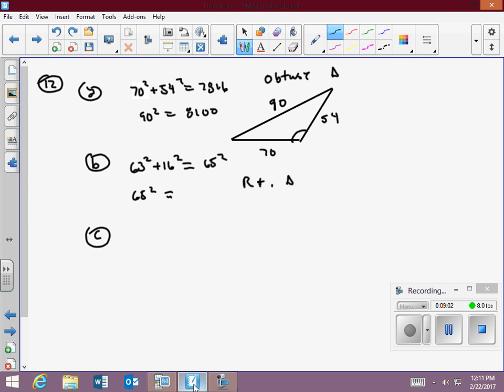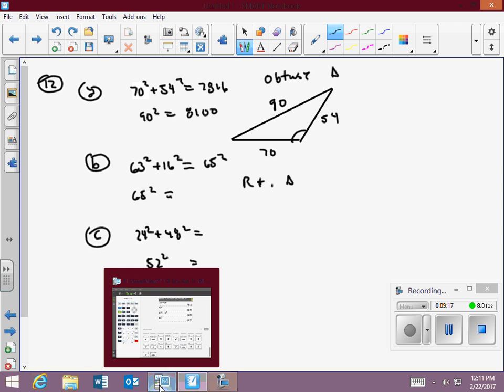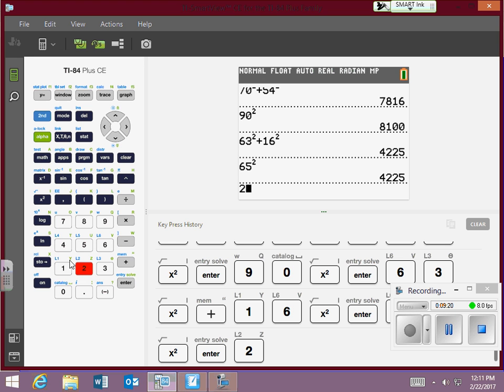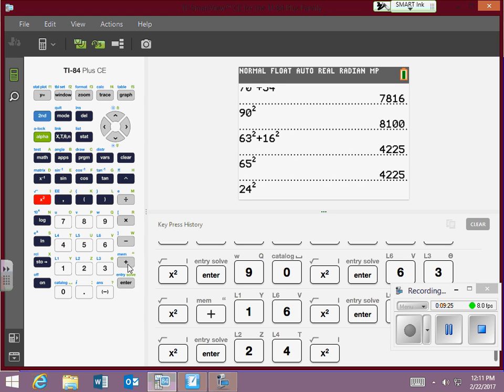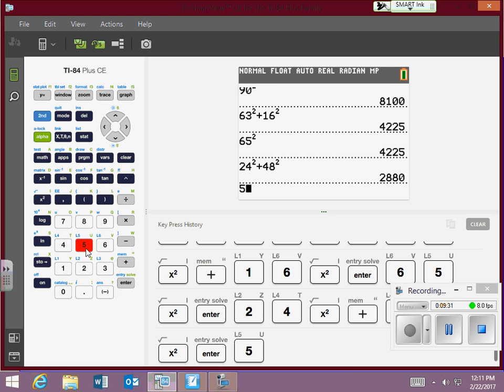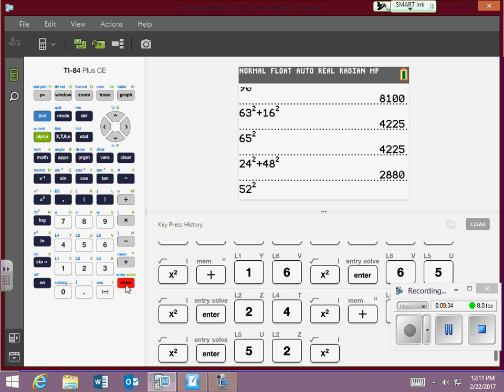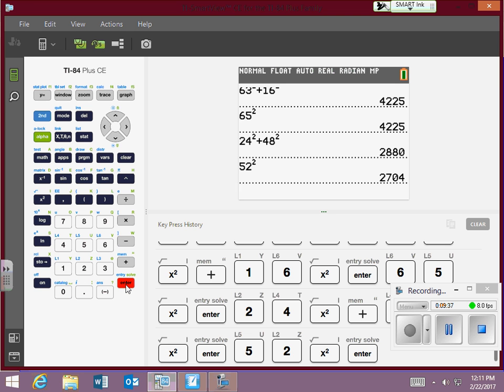And C is 24, 48, 52. Now you can see that the 52 squared is less than the sum of the other two squares, 28, 80, 50.